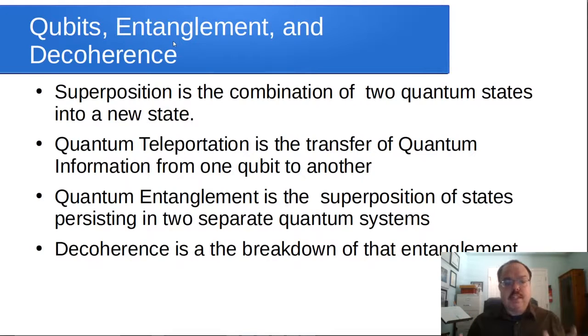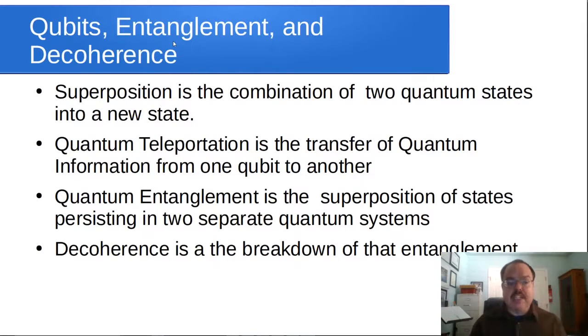Quantum teleportation is the idea that you can take a quantum state and transfer it to another one without having to make the measurement. So that allows us, this is where we can start building complicated systems, because if we teleport one qubit into another, and then another qubit into that, and another qubit into that, then we can start making quantum circuits that can deal with 8 bits, 16 qubits, even more.